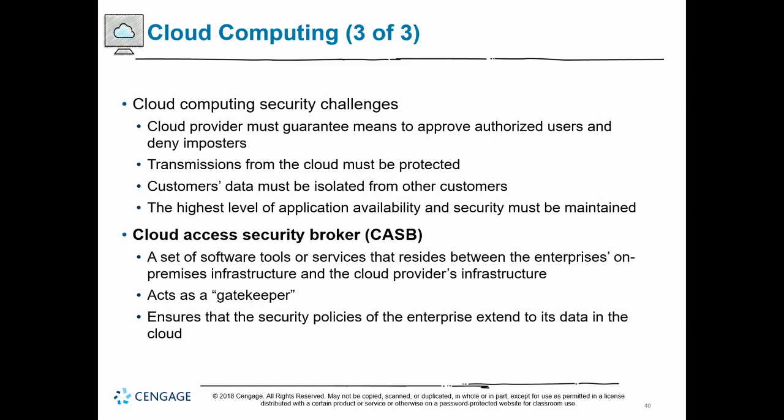And then additionally, the highest level of application availability and security must be maintained. So something that's important is availability, right? You need high availability so you can always access your services.